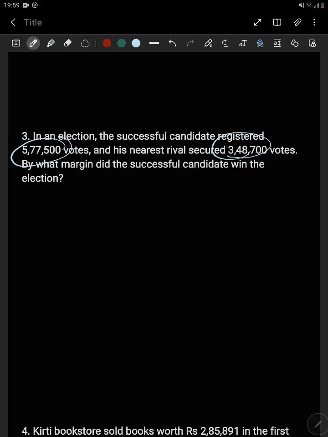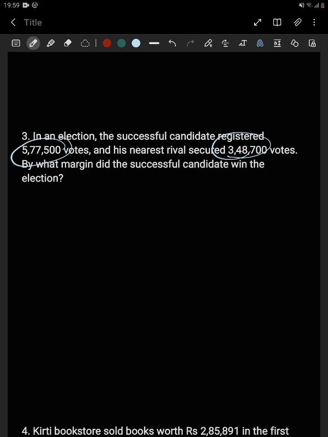What margin did the successful candidate win? Means it is asking for the difference between the votes of the two rivals. So we need to subtract the lower number from the higher number, so that we can get the margin of the successful candidate that has won the election.